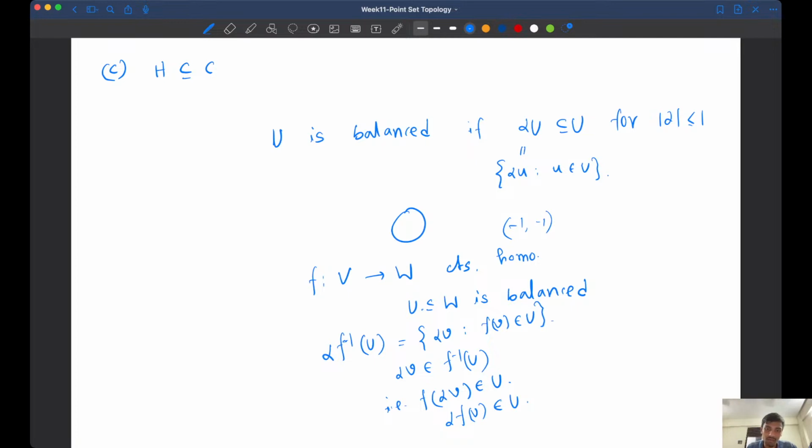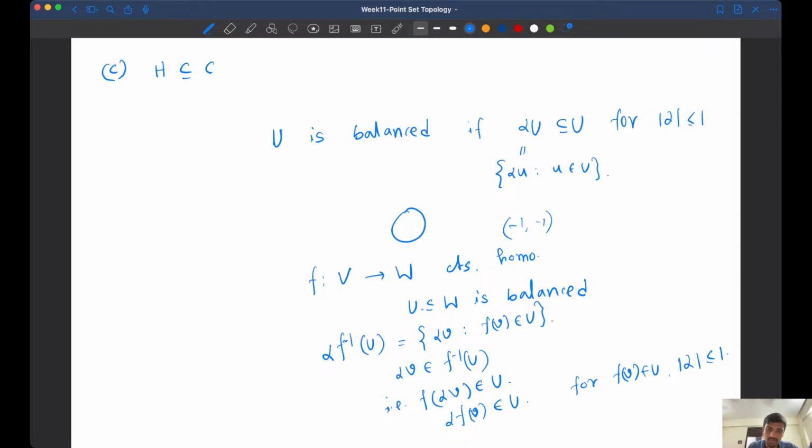For F of V belongs to U, and mod alpha less than or equal to 1, alpha times F of V also belongs to U, as U is balanced.